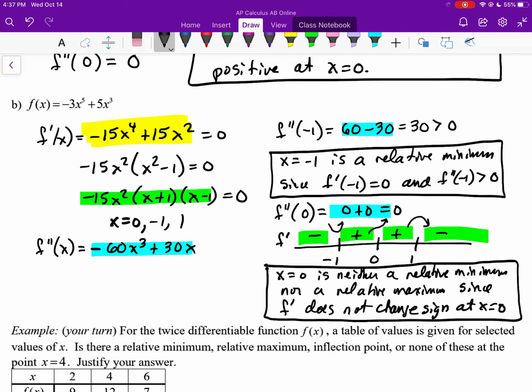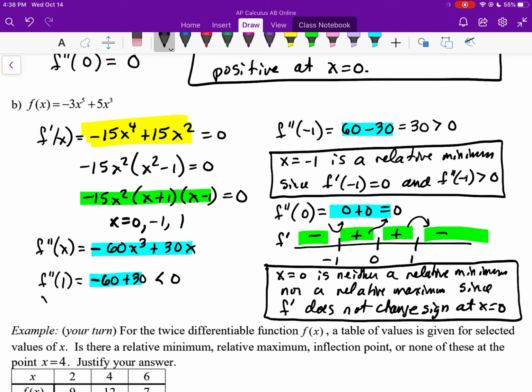There was our explanation. The last one we got to do is the positive one. I don't have a whole lot of room, so I'm going to write it over here. But f double prime of positive 1 is going to be this negative 60 plus 30. This over here is going to be less than 0. And so if you look at that, you have a horizontal tangent line, you have concave down, it's curved down, that is going to be a relative maximum.